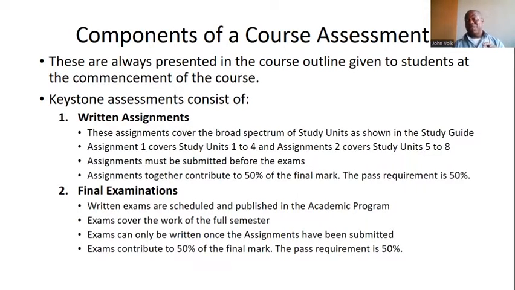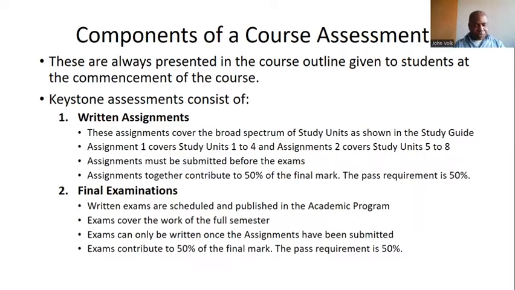Remember, the written assignments contribute 50% of the total marks for the course. The final examination also contributes 50%, or half, of the marks for the course.